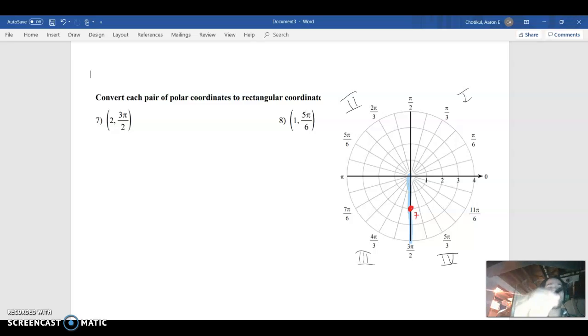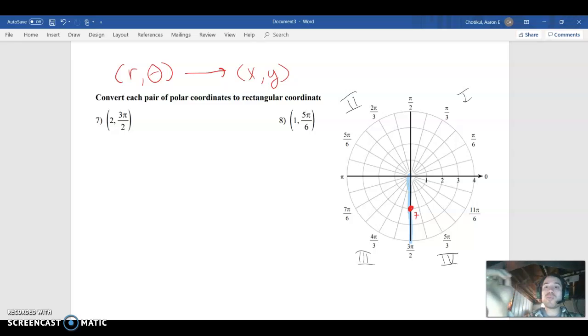When you're converting from polar to rectangular, remember what we're looking at here is r and theta, and we're trying to convert this into x, y. That's rectangular.